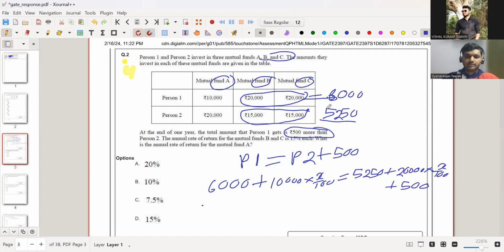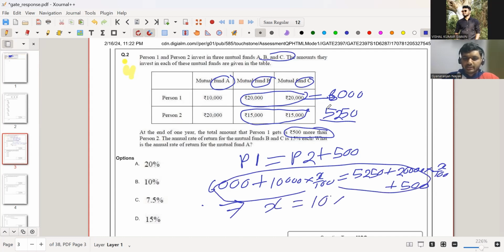If you solve this equation, you will find X equals 10. That is, the mutual fund A interest is 10%. So option B is correct.